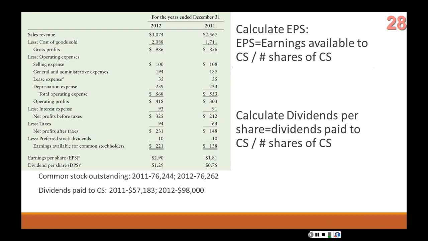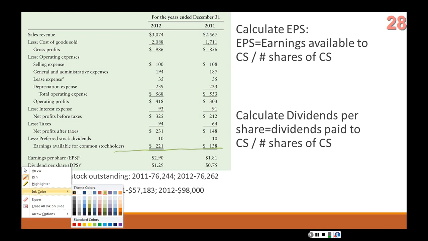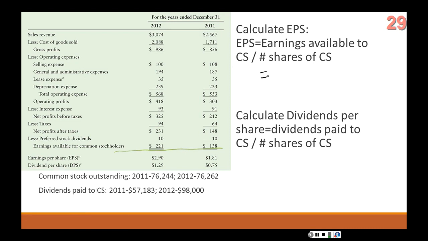So here's an example of an income statement, which is posted on Canvas, so you can print this out via your PowerPoint slides. But earnings per share is equal to the earnings available to common shareholders, right here at the bottom of the page. It's the number in black ink. So that's equal to 221,000.